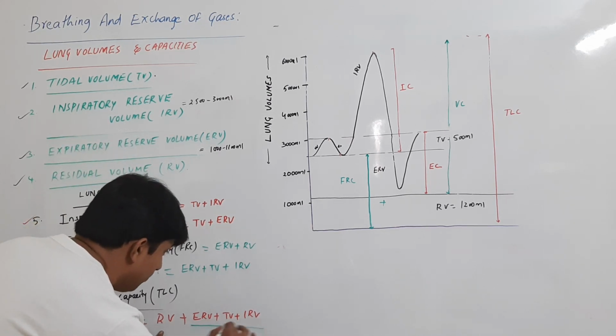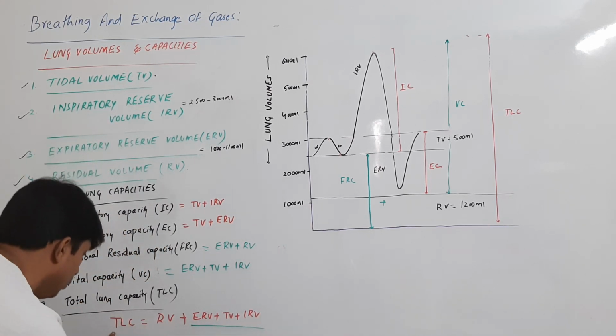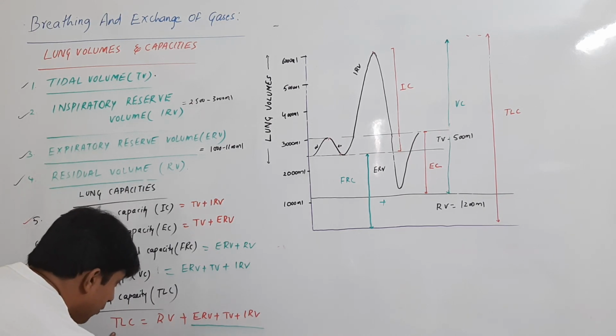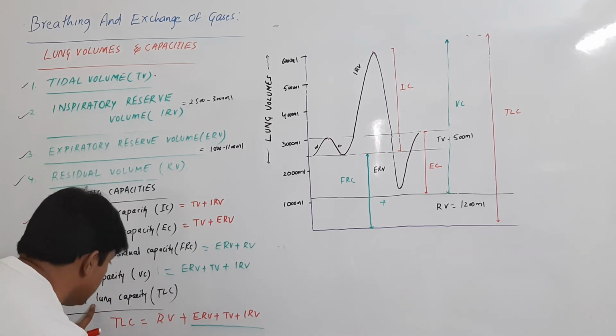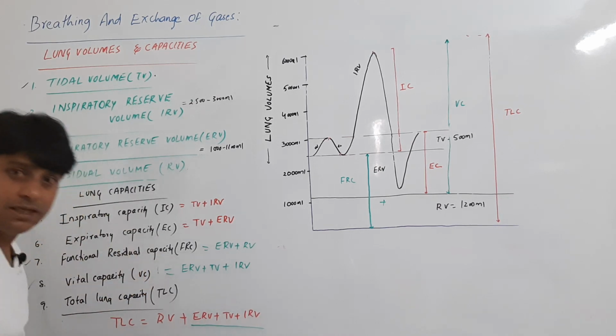So what is ERV plus TV plus IRV? Vital capacity. So total lung capacity will be residual volume plus your vital capacity.